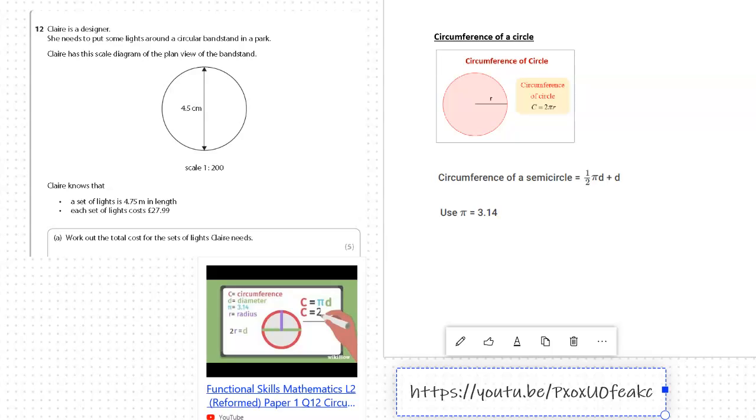Circumference of a semicircle, half pi d plus d. Remember, you're walking along that extra edge. Again, given a question, the answers and the URL. So you do have to work out circumference in the question, but again, it's not providing you with 2 pi r.